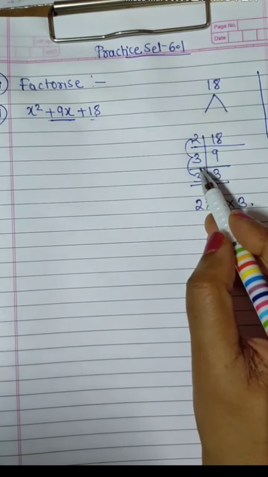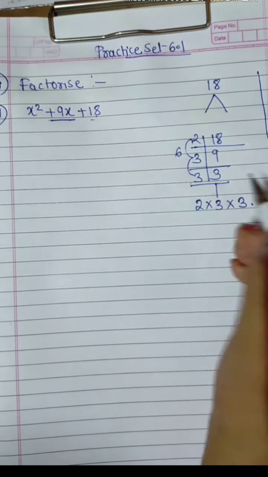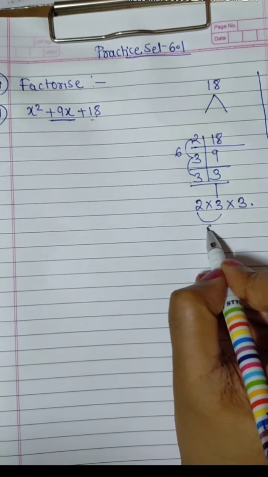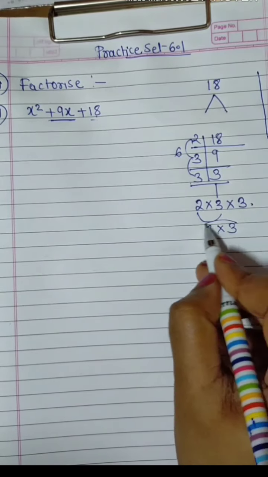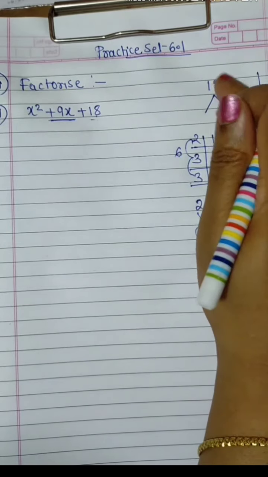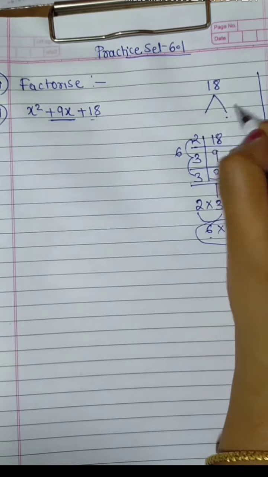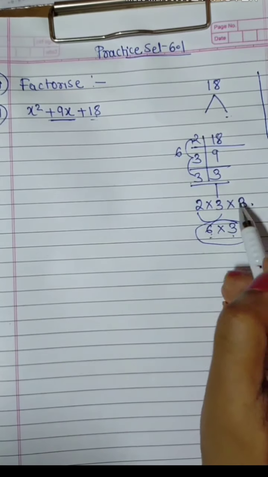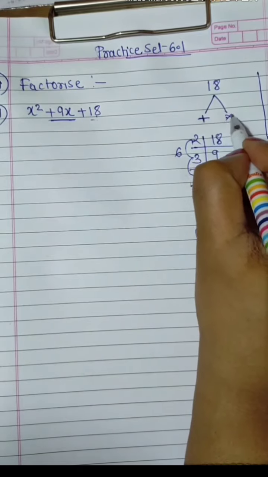So here you can see 2 3s are 6, 6 into 3. When we multiply 6 into 3 we will get what? 18. Okay, so here, one is multiplication, one is addition.